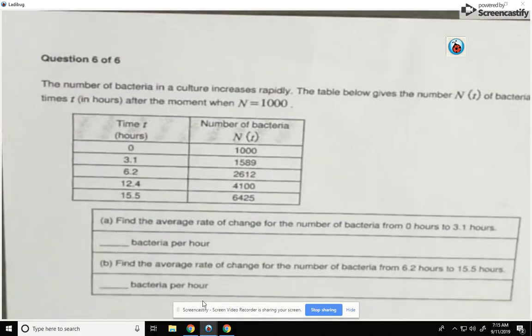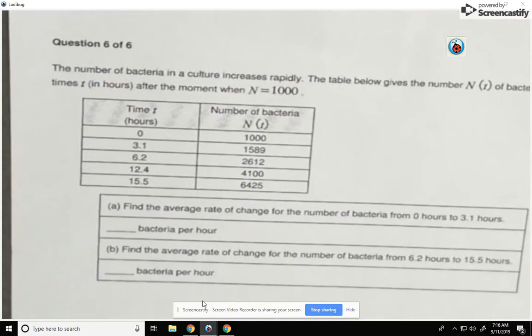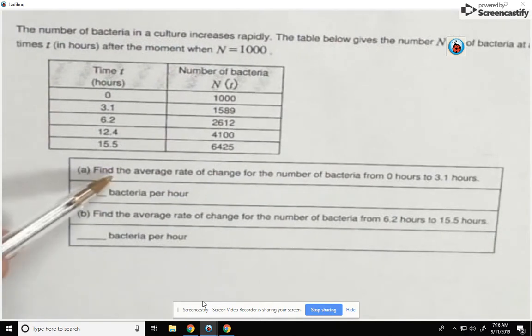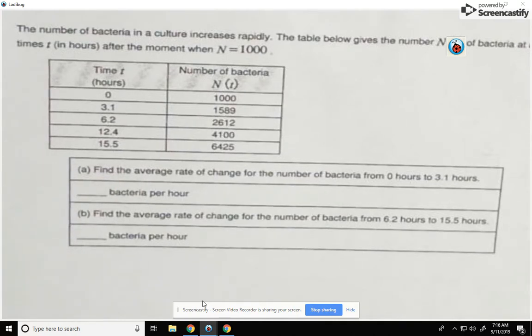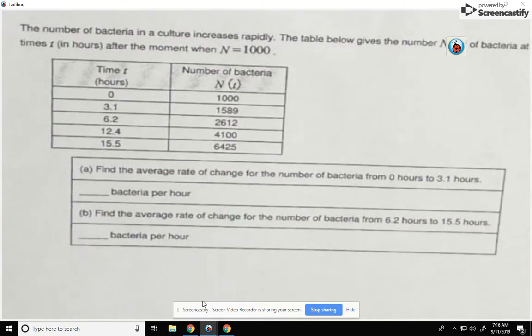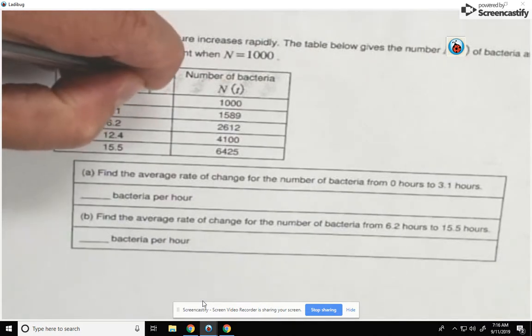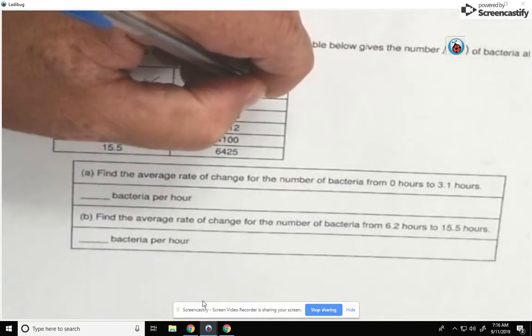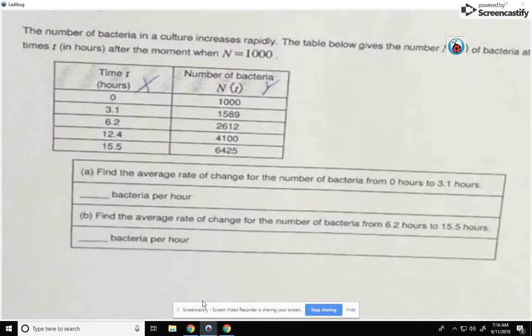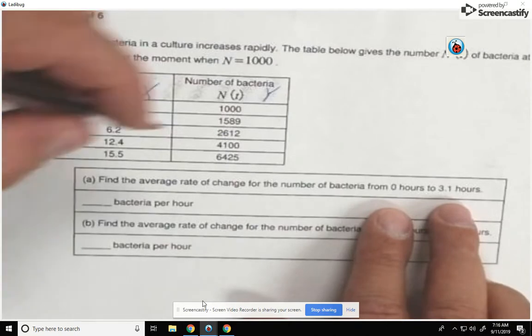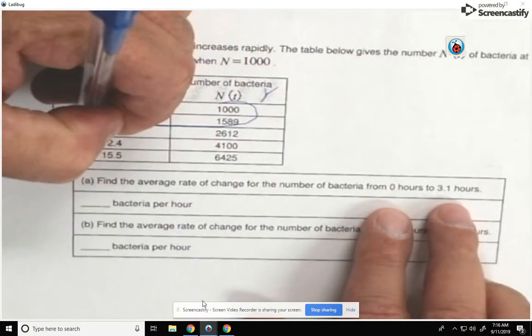Question 6. We're given a set of data, and then we have a couple of questions. Question A says, find the average rate of change from 0 hours to 3.1 hours. So if we look at our data, t time, that's our x, n would be essentially our y. If we're looking at 0 to 3.1 hours, we're looking at these two columns.